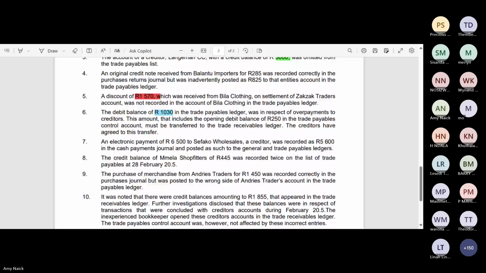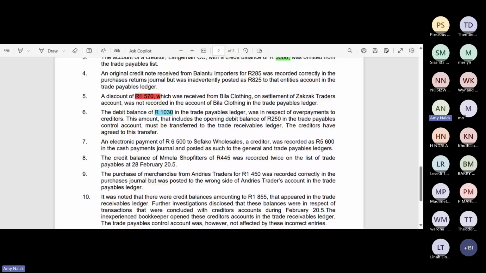Okay, so I'm going to continue. Note 5 says a discount of 1,570 rands, which was received from Byler Clothing on settlement of Zack Traders account, was not recorded in the account of Byler Clothing in the trade payables ledger. Again, this is not saying anything about the trade payables control account.